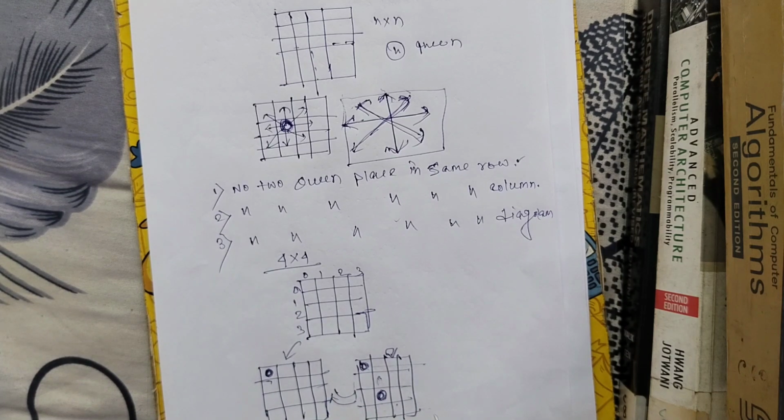Then I remove the previously placed queen from there, and I see the next row: yes, there is a place. So I come to the next column and see what to do.